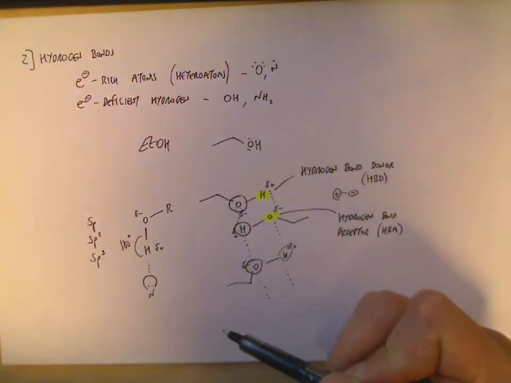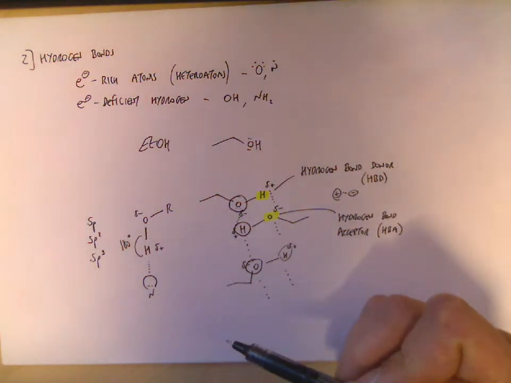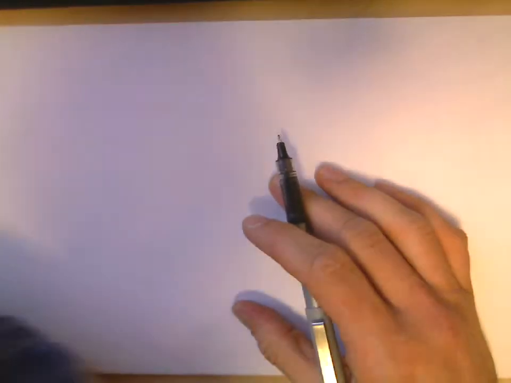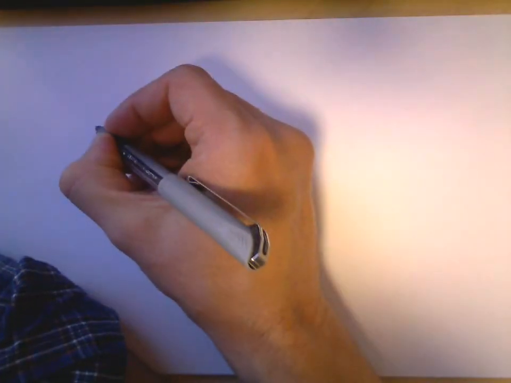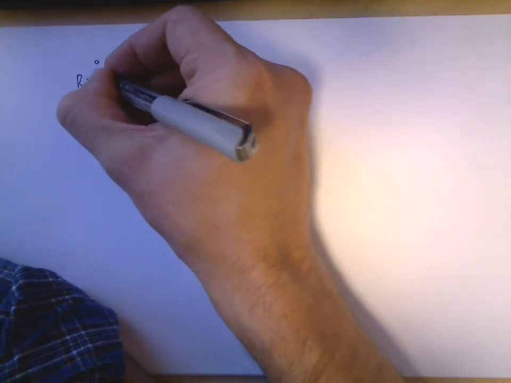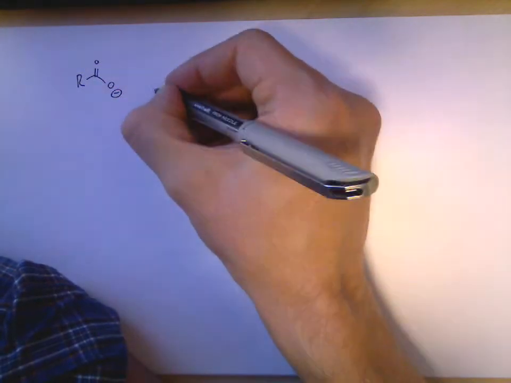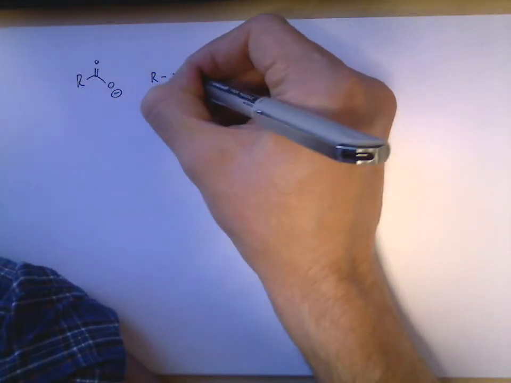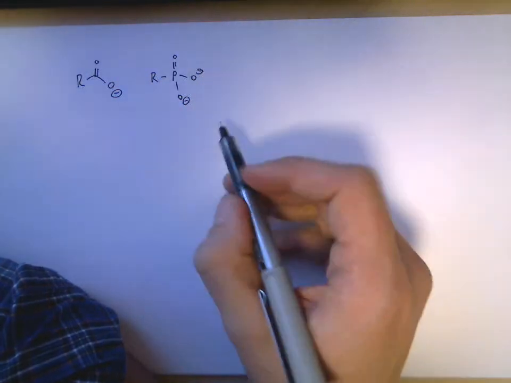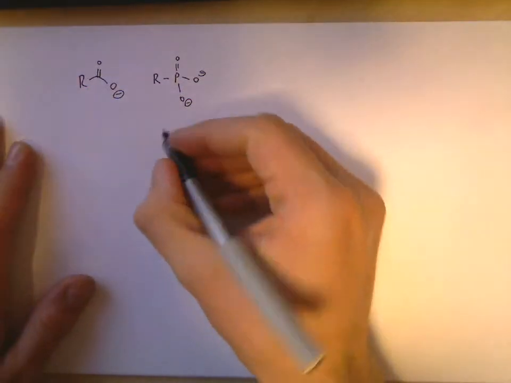So if we look at some examples of good hydrogen bond acceptors and donors, things like anions, so a negative charge here, or phosphate, these negative charges would be very good hydrogen bond acceptors.